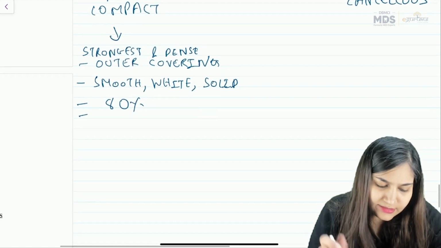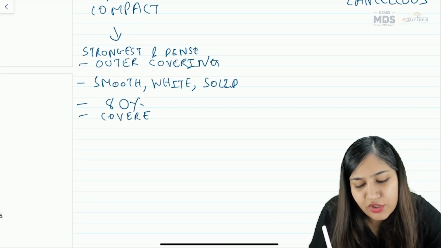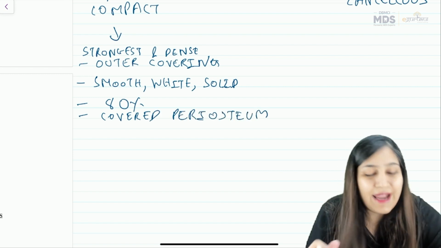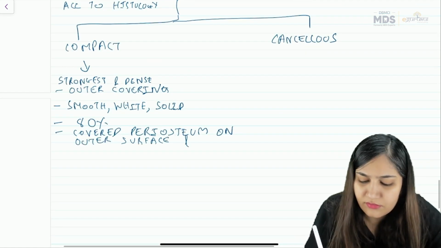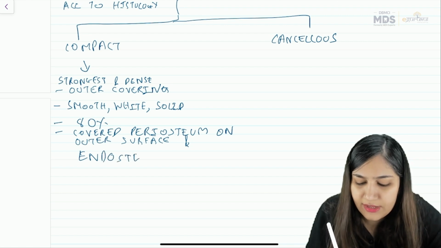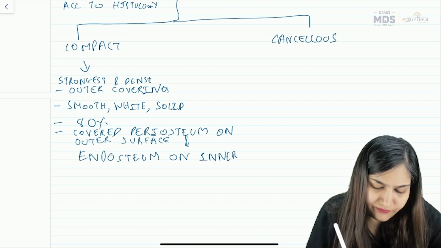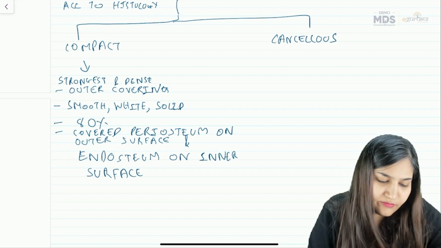As we have discussed, it is covered with periosteum on the outer surface and endosteum on the inner lining, inner surface, right?